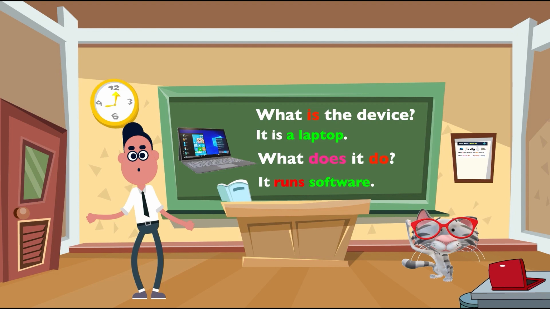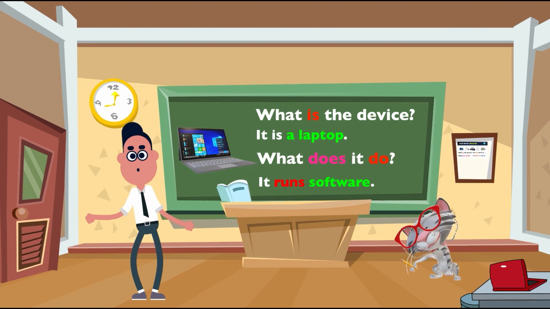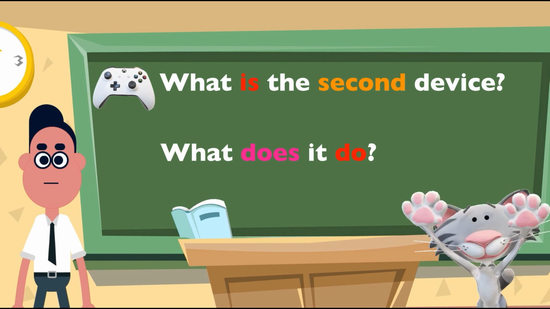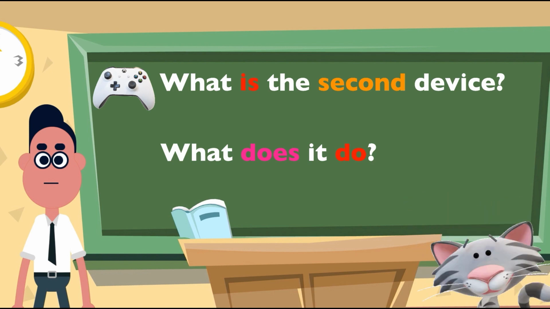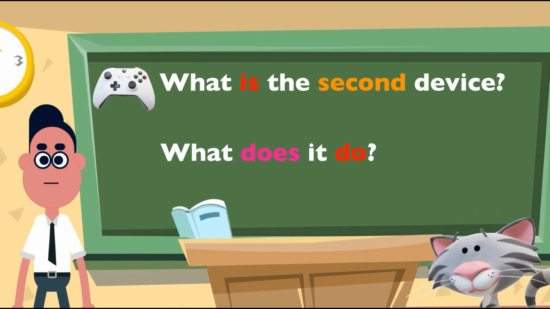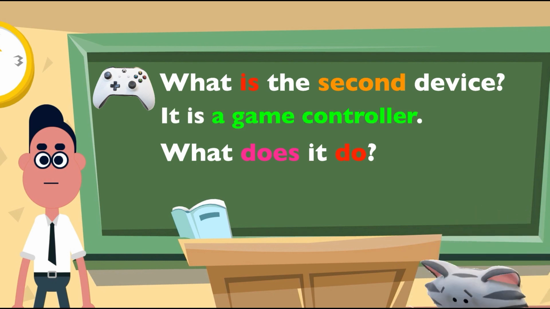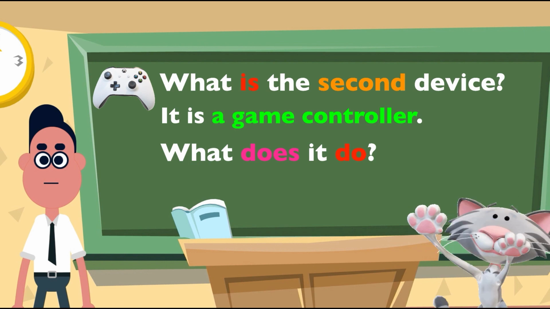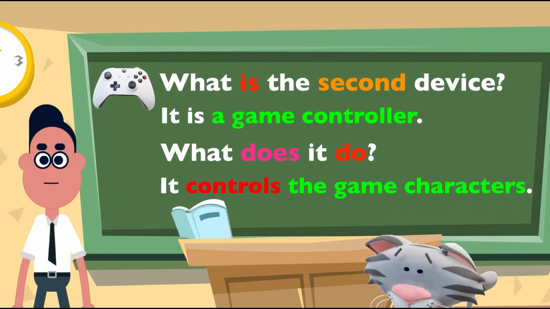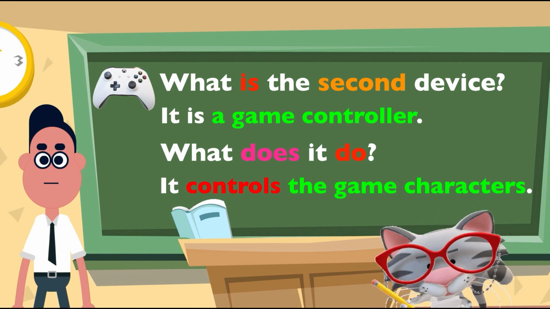So let's look at another one. What is the second device? I remember this. It is a controller. Very nice. And what does it do? It controls the game characters. Very nice.